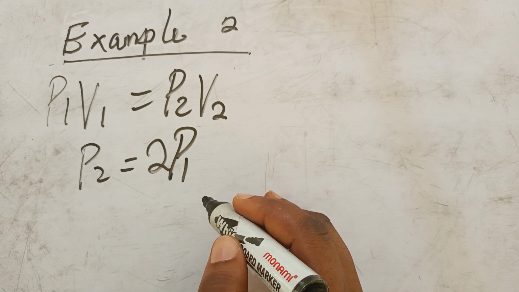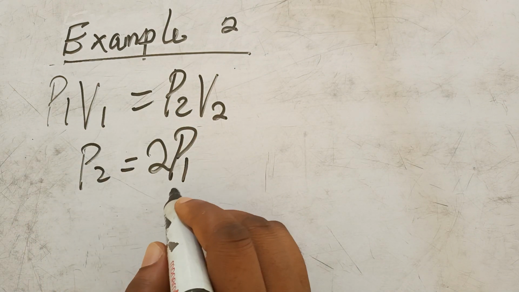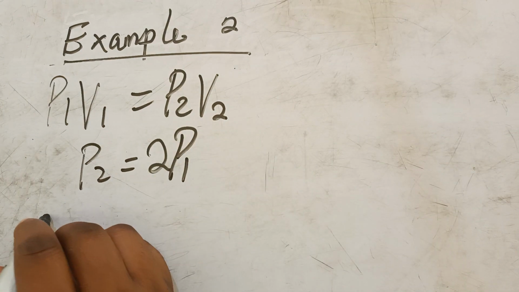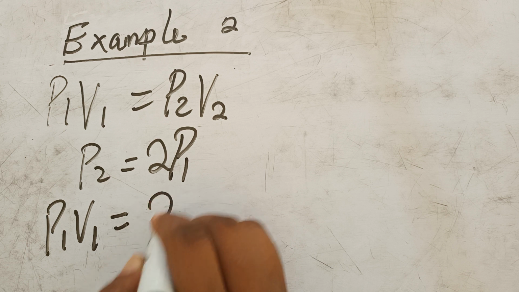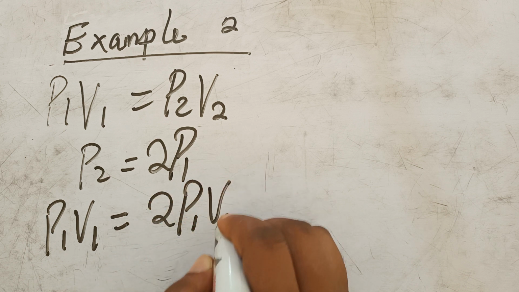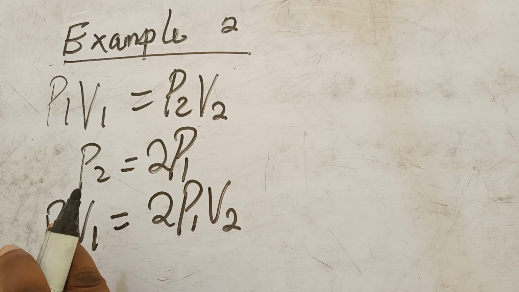Fixing this in there, you now have P1 V1 is equal to 2P1 V2, where 2P1 is double of the pressure given to you as P2.